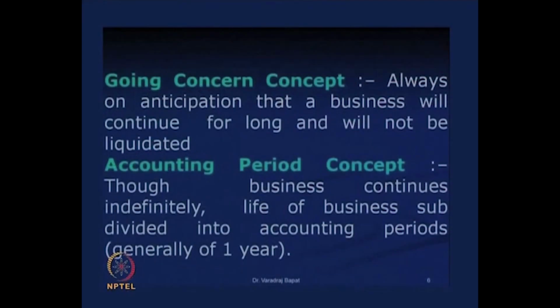The next concept is known as the accounting period concept. Now, in the accounting period concept, though the life of the business is unlimited, it is divided into parts which are known as accounting periods. Generally, an accounting period is 1 year.